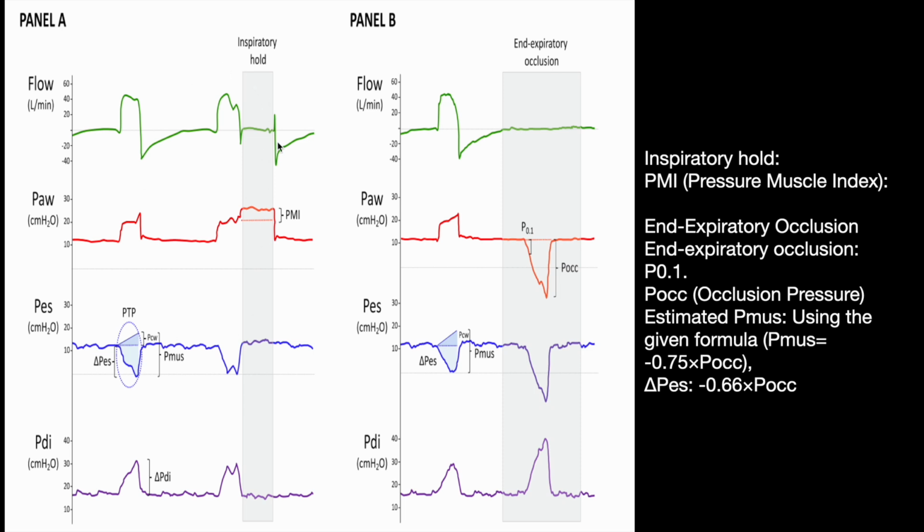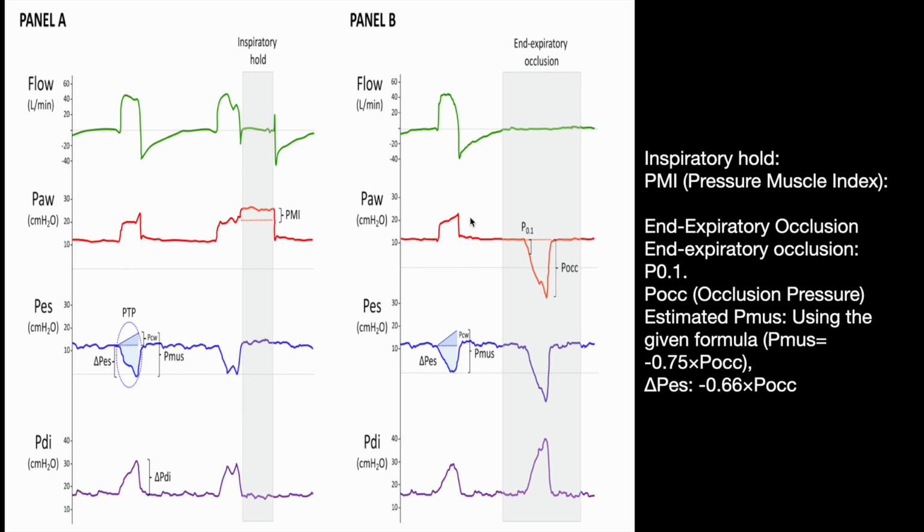Here, as you can see, we do an inspiratory hold, and as the patient breathes, it elevates the plateau pressure, and what we measure here is called the PMI, or the pressure muscle index. It is calculated during this inspiratory hold, and it represents the additional pressure generated by the patient's inspiratory effort above the set peak inspiratory pressure. In this example, it comes out to be 5.2.